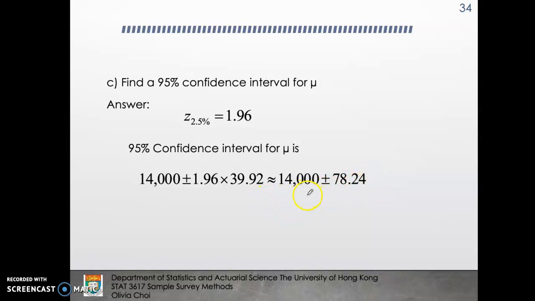That means we have obtained the y-bar from our survey, and we can be 95% confident that the true mu falls within this range. The range would be 14,000 minus 78.24 to 14,000 plus 78.24.